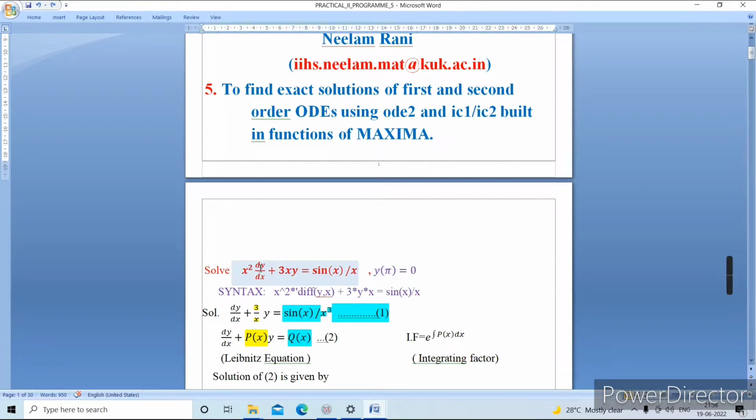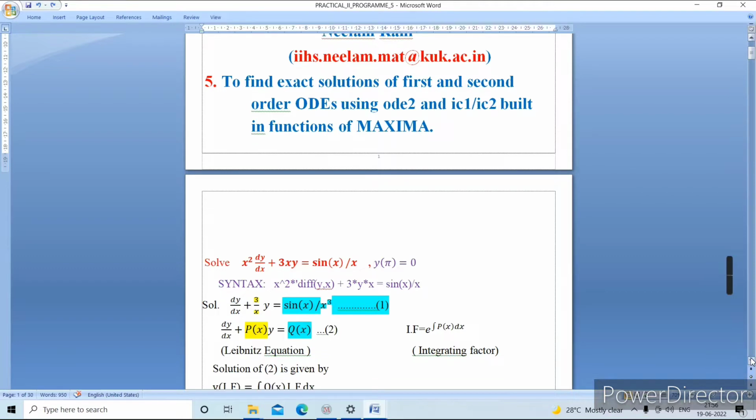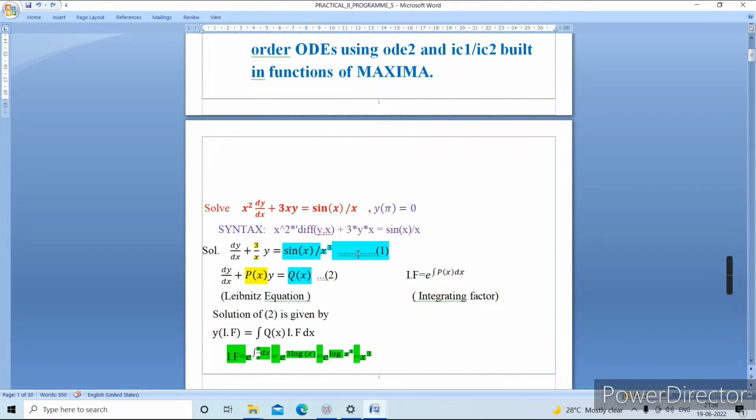As you know, this is an ordinary differential equation, dy by dx, so y is differentiated with respect to x.